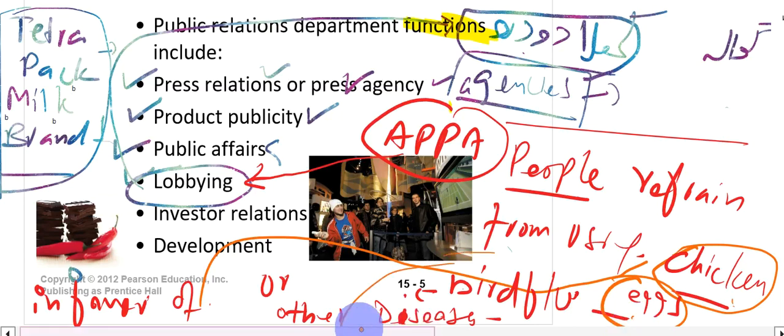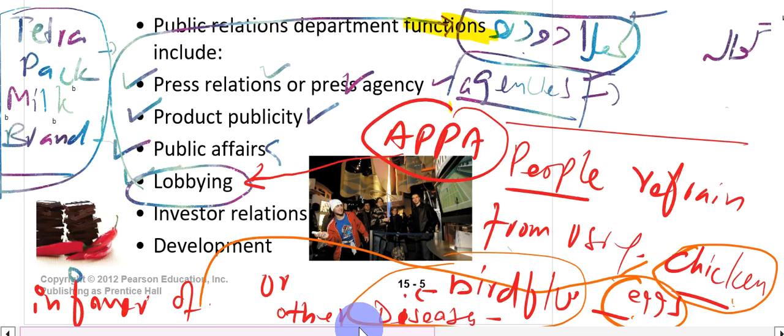There isn't any disease, and people can use the chicken and eggs of broiler, and the use of these is safe and healthy. The communication by the All Pakistan Poultry Association was there, so they used the tool of public relations in favor of their product.